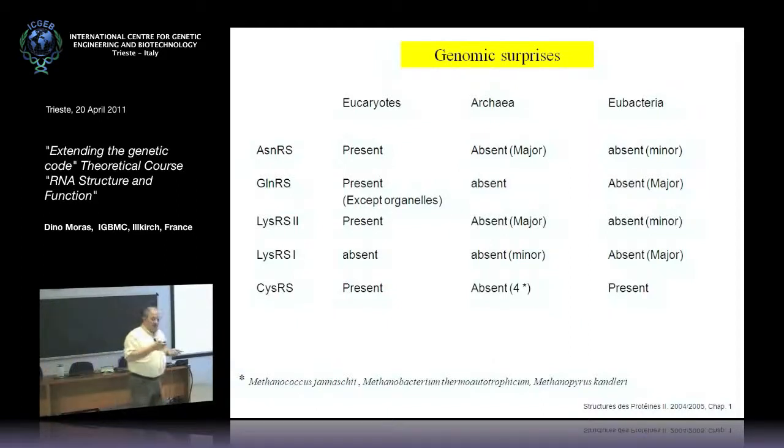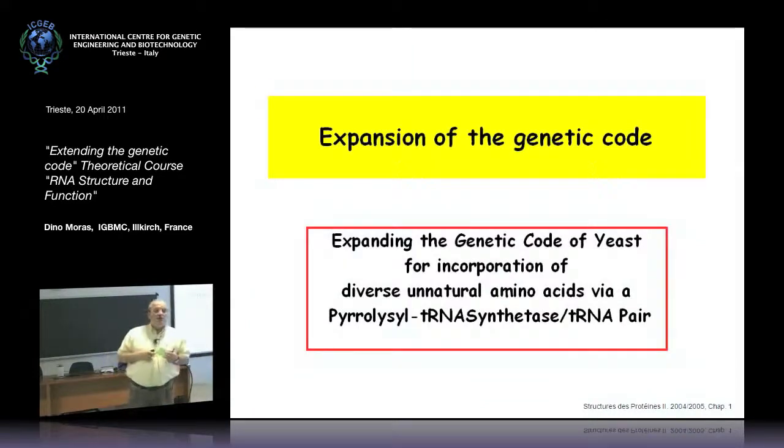In terms of work, this approach, trying to change the specificity toward amino acids, is an enterprise which started a long time ago. One of the pioneers in that field was Peter Schultz, who is now at Scripps in California, in San Diego, and he's a chemist.